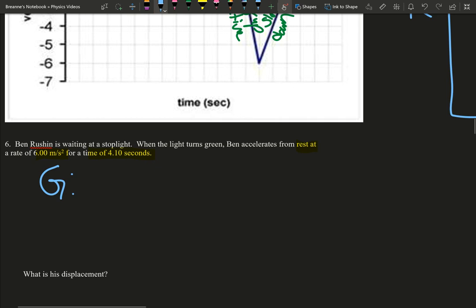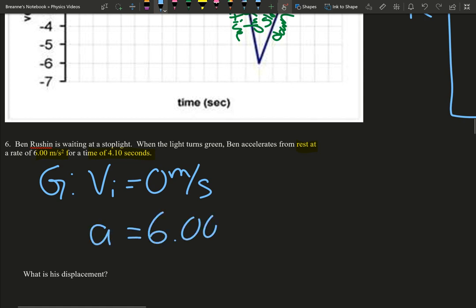The first thing is from rest. That is telling us that our initial velocity is 0 meters per second. The 6 meters per second squared is telling you that's your acceleration. The time is your t.